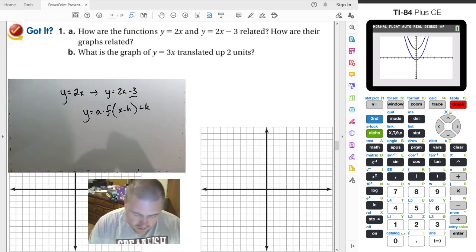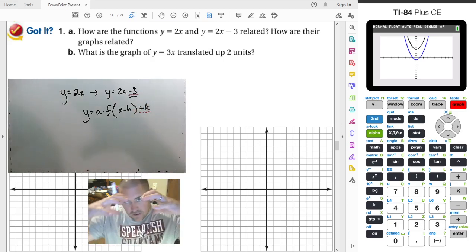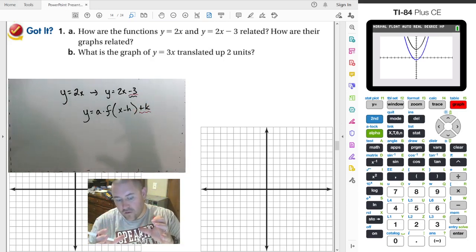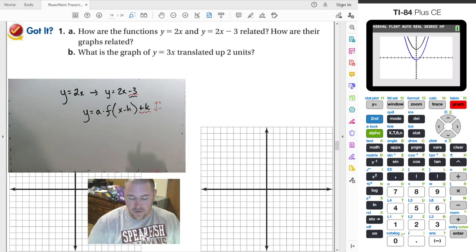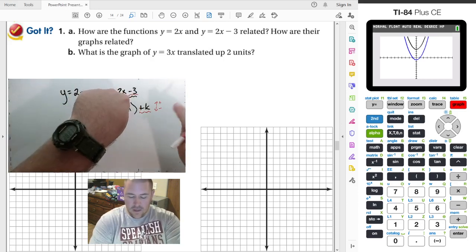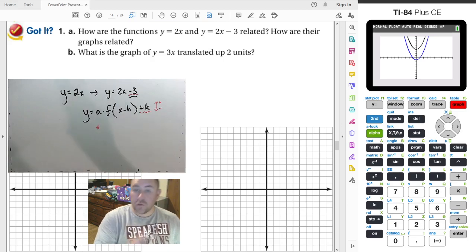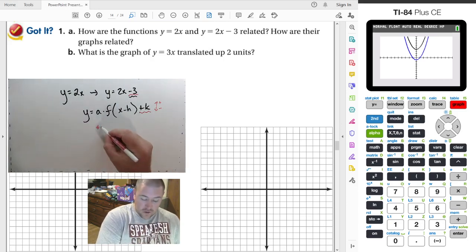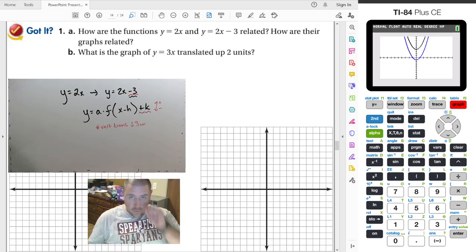If I see something in the outside spot here, it's not in parentheses with the x, then I know it's k. And since k does this business, I know that to get from here to here, and it's negative, I would use your big kid words. I'm going to call that a vertical translation down 3 units. Okay, that's how we officially say it.